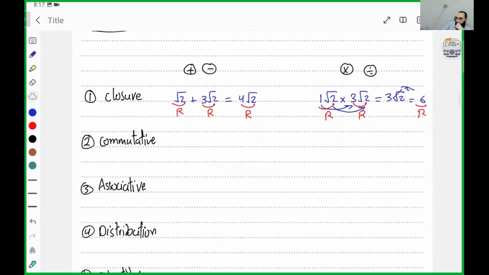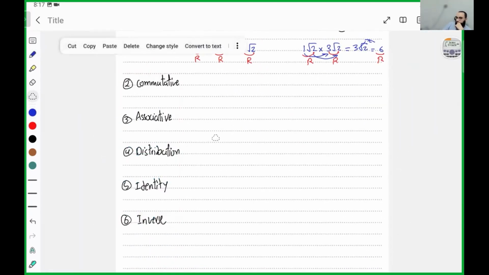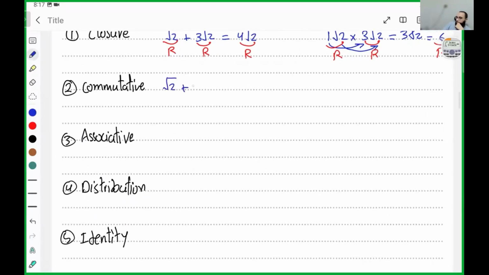What about the commutative property? The commutative property means to flip the numbers. If you have √2 plus 3√2, we can write it like this: 3√2 plus √2. We flip the places. Here we started with √2 and here we started with 3√2.